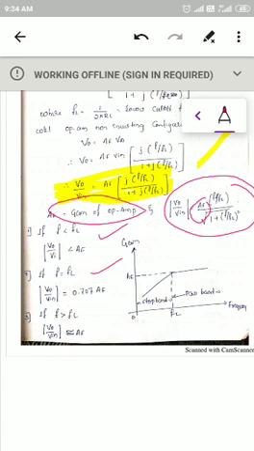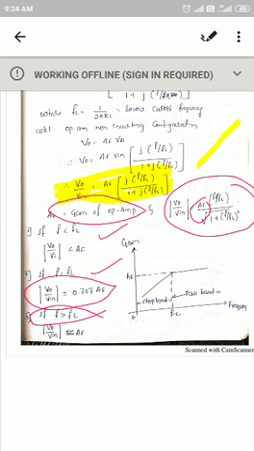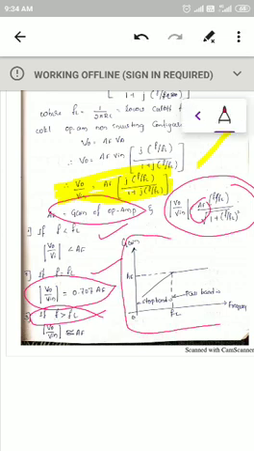When f is equal to fL, that is, operating frequency is equal to lower cutoff frequency, the magnitude of gain will always be 0.707 Af. These are some constant values. When f is greater than fL, then the magnitude of Vo by Vin is equal to Af. This is the frequency response characteristic of your first order high pass Butterworth filter.